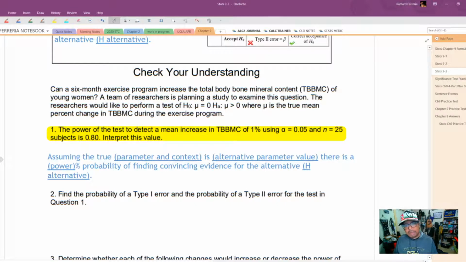First thing we do is copy our sentence frame. Next thing we have here is parameter and context. So our parameter is the true mean change in TBBMC.